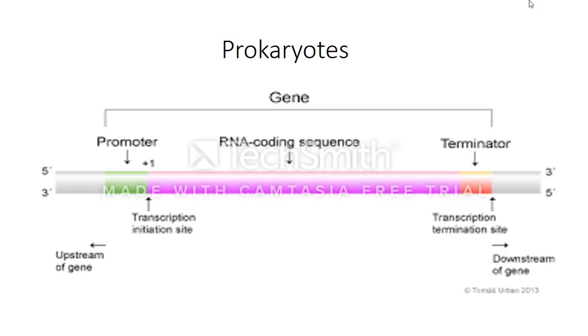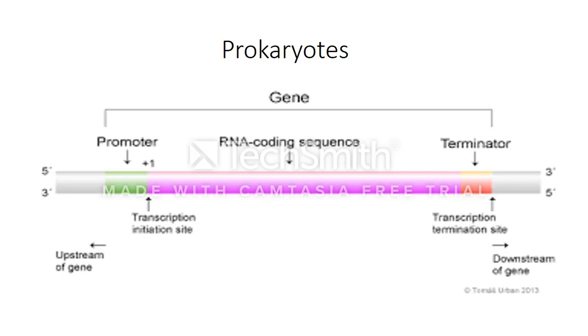Let's look a little more in depth. The promoter has consensus sequences as target sites to help bind transcription factors that allow RNA polymerase to bind at a transcription start site.